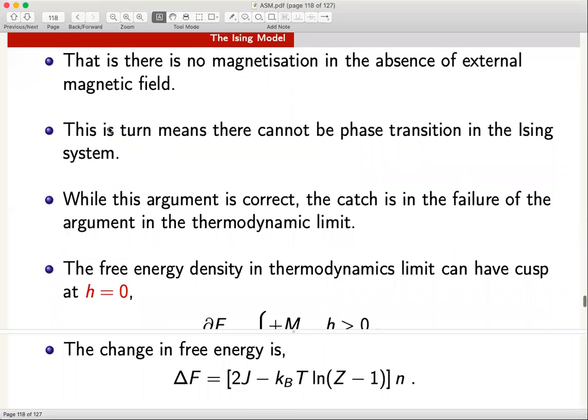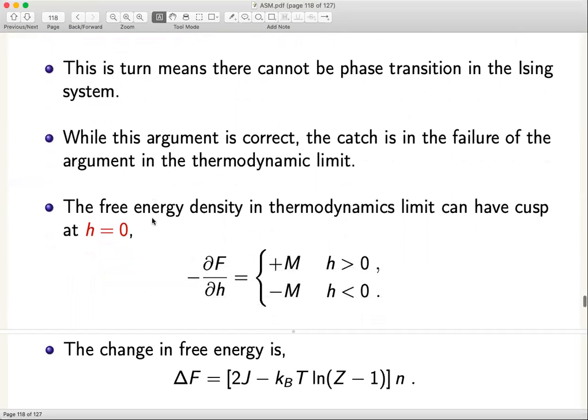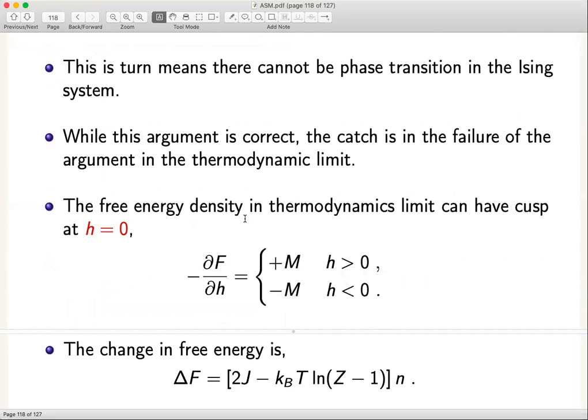So clearly the thermodynamic limit is responsible for developing this non-analytic behavior, and we in fact know that the free energy in the thermodynamic limit does develop a cusp when the external magnetic field is 0. So the actual answer is minus del F by del H. There should have been a factor of 1 or n, but it doesn't matter. It is plus M for H greater than 0 and minus M for H less than 0 as H approaches 0.